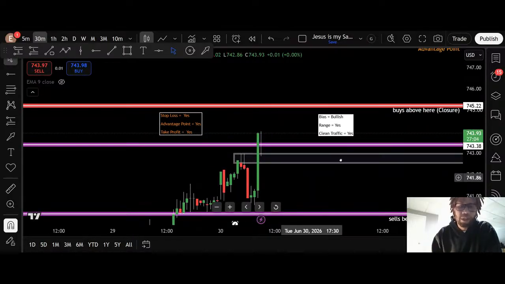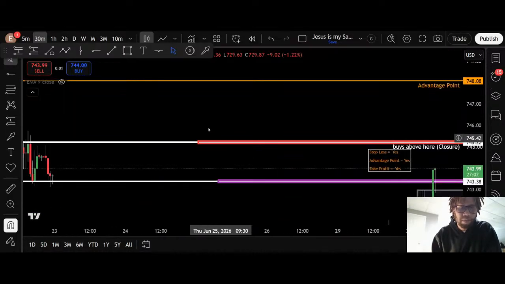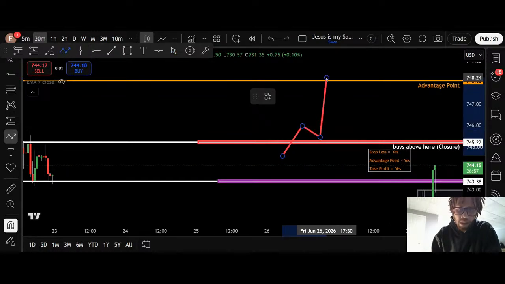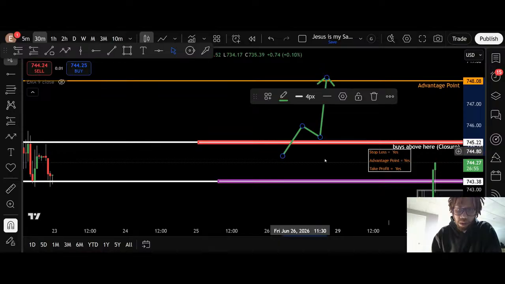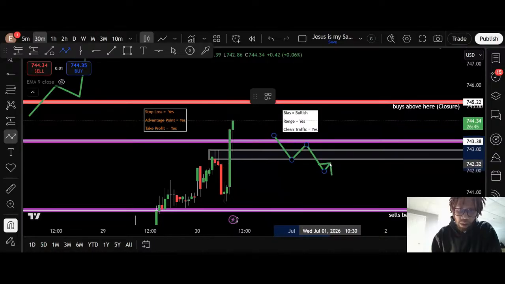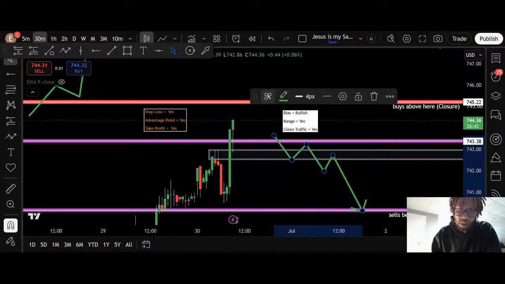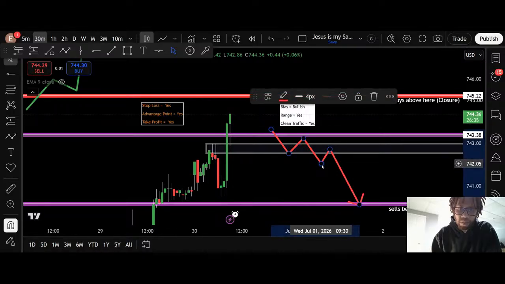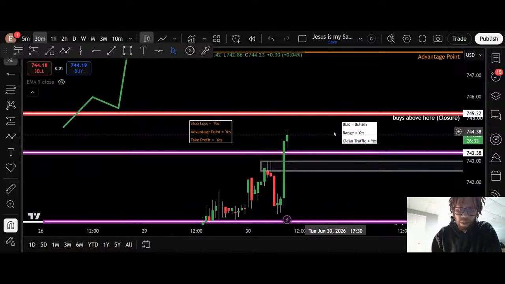So pretty much right now at this point, we may be waiting for something like this, or something like that. Okay. Pretty much you want to see price make a resistance under this level.